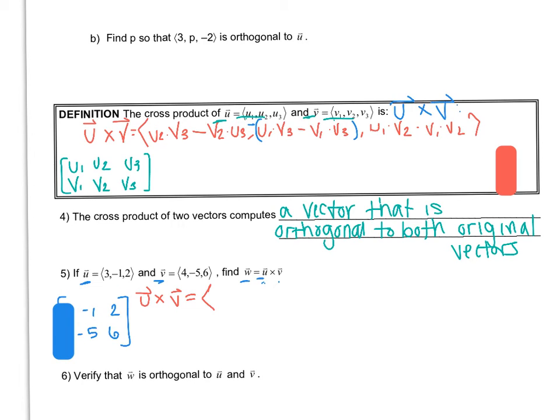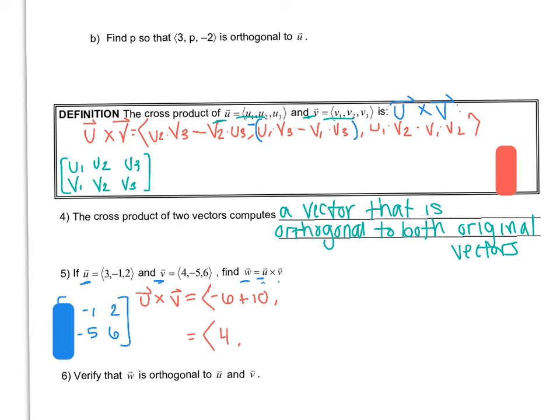Negative 1 times 6 is negative 6, minus negative 5 times 2, which is negative 10. So I'm subtracting negative 10, which means I'm adding 10. We could simplify as we go: negative 6 plus 10 gives a positive 4. That's the first value in our new vector.